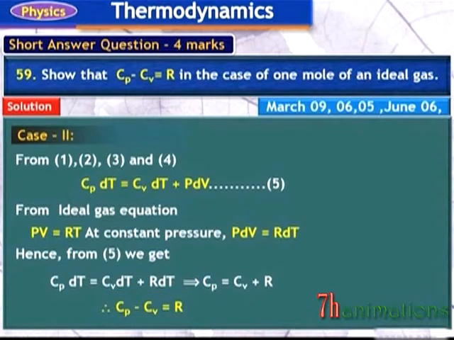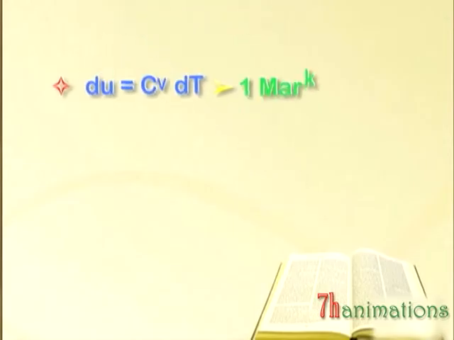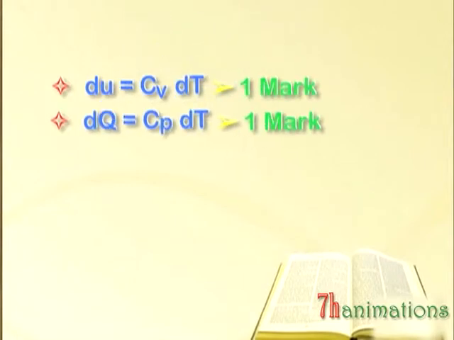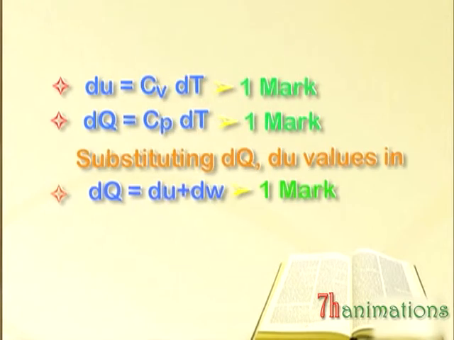In this question, if you write the expression for dU equals Cv dT, you get 1 mark. If you write the expression dQ equals Cp dT, that gives 1 mark. Substituting the values of dU and dQ in the first law of thermodynamics gives you 1 more mark.